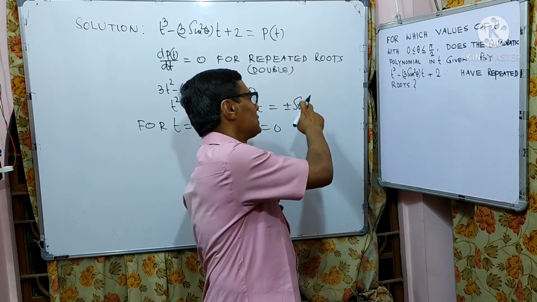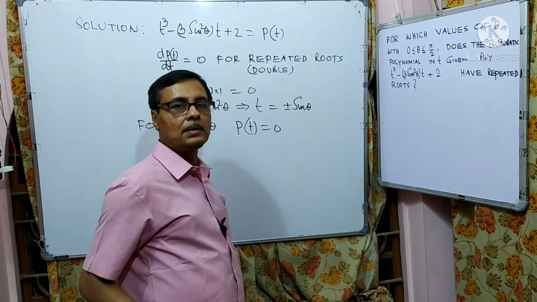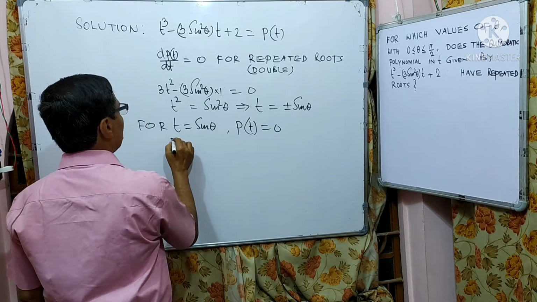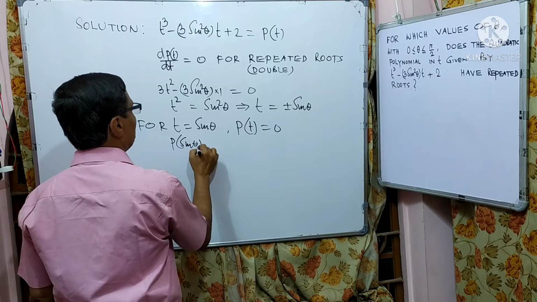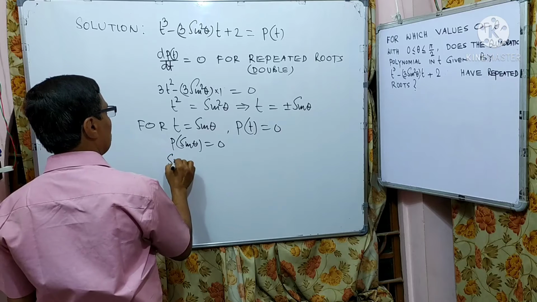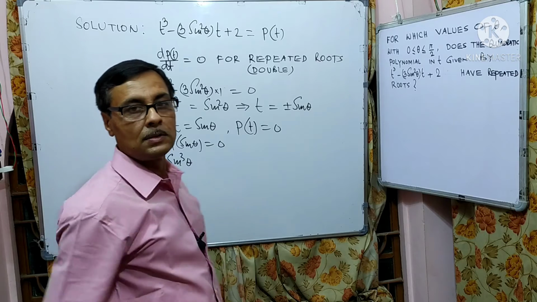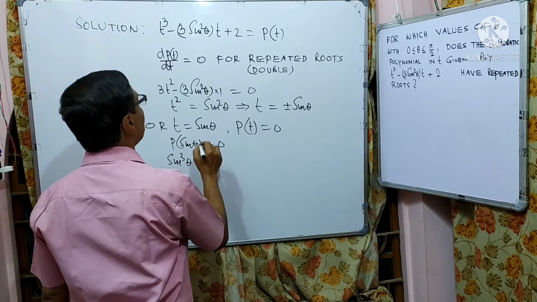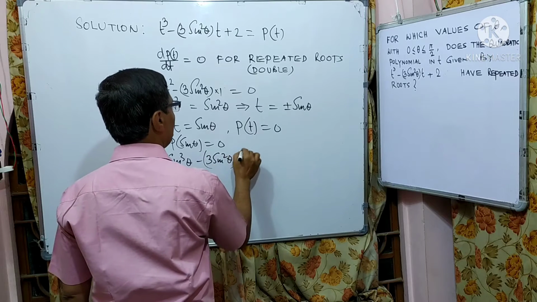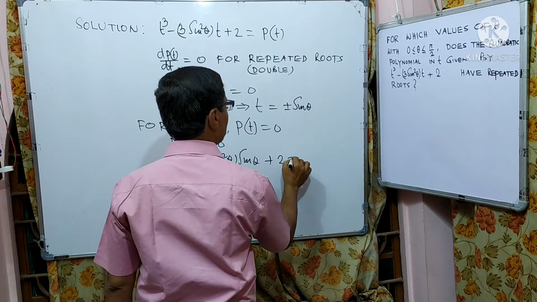So p of sin theta equals 0. Putting t equal to sin theta in this equation, we get sin cube theta minus 3 sin square theta into sin theta plus 2 equal to 0.